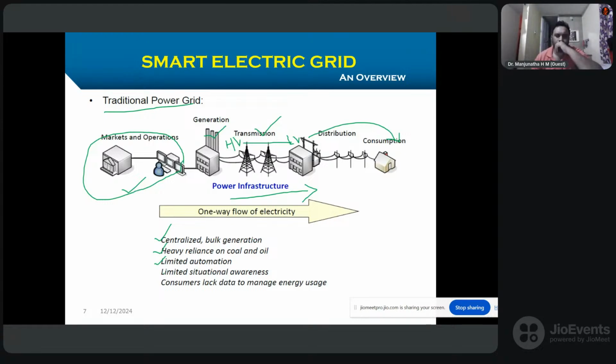So we have limited automation and limited awareness, and unfortunately, the consumer, who ultimately gets the benefit, or the distress, or pays the money, is nowhere in the scene. The consumer lacks the data to manage his energy usage. If the electricity is there, it is there. If it is not there, it is not there. Even today that is the case in many areas of Bangalore city. That's how it is as of today.